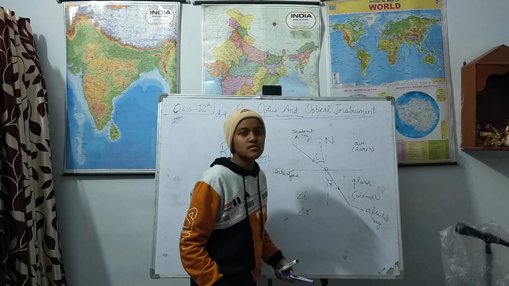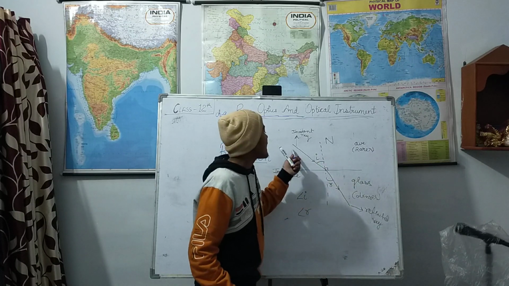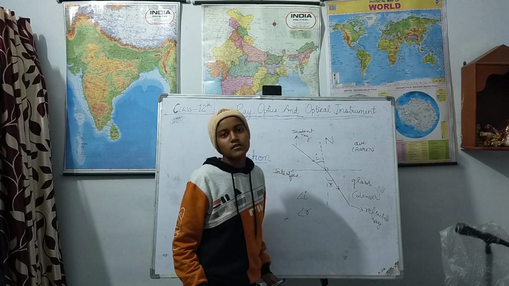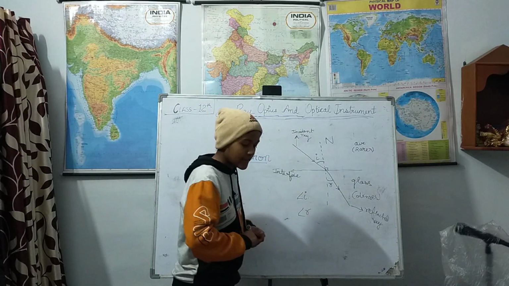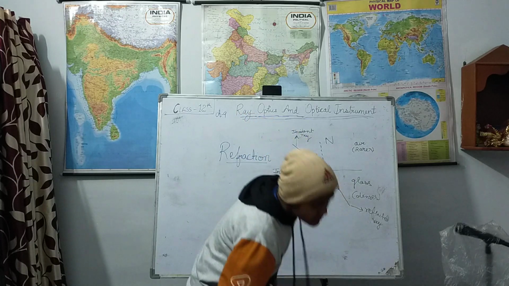Now, what will happen if the roles change? If the medium changes, we get a reversed case, like light incident from a denser medium to a rarer medium, because this can also happen. So what will happen if the air comes down and the glass comes up?